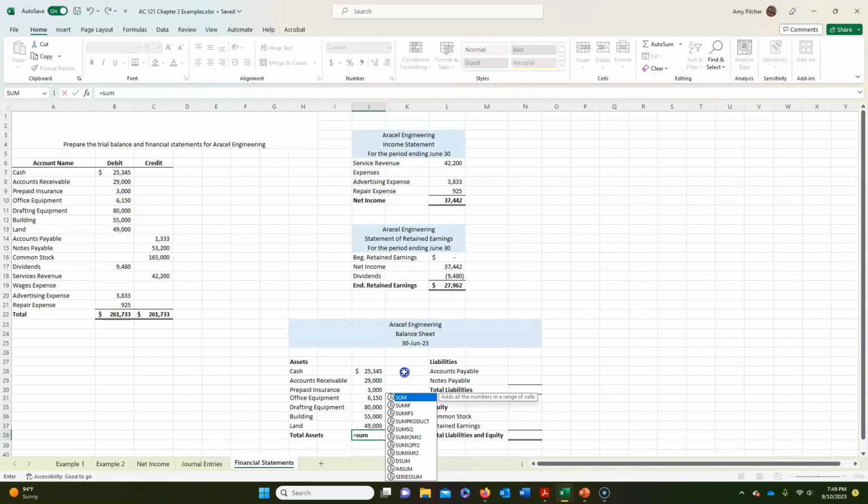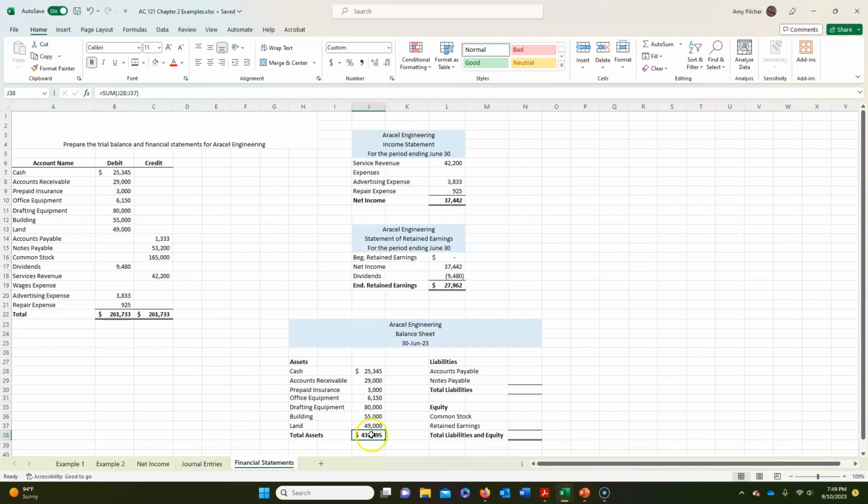Okay, so we add up all of our assets. And that is not what that row sums to. So I have no idea what is going on with this Excel file, but that is not what these numbers add up to. There we go.